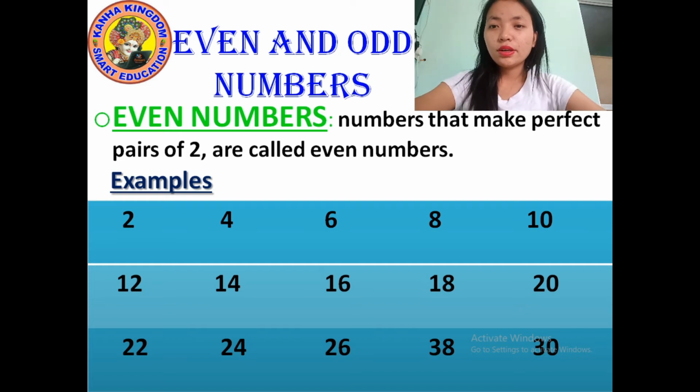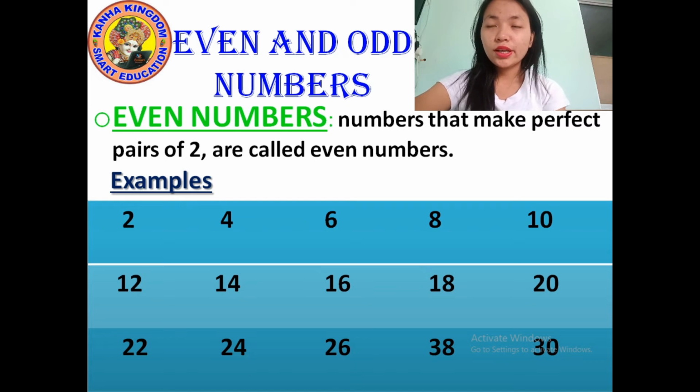In bigger numbers, like those having many digits, you can simply check whether it is even or odd by checking the digit at the one's place.